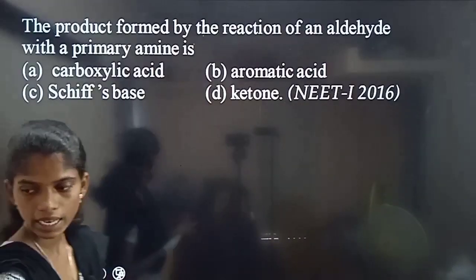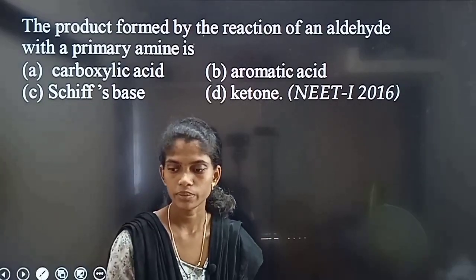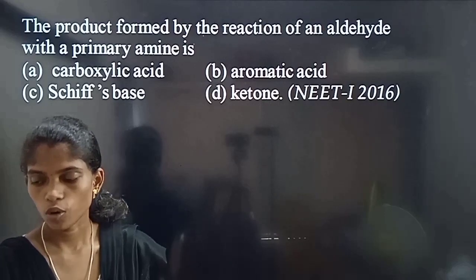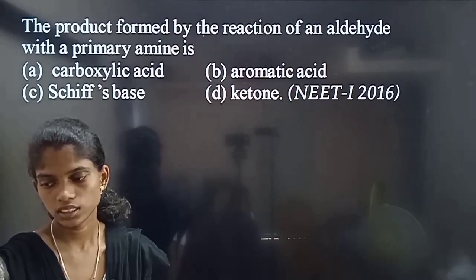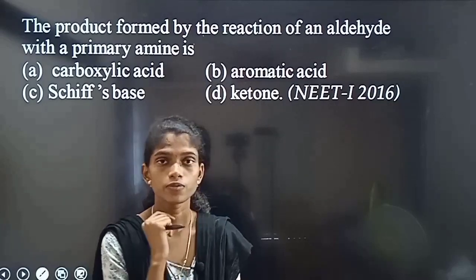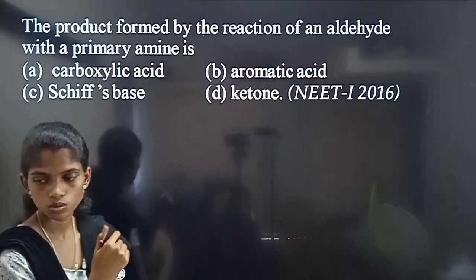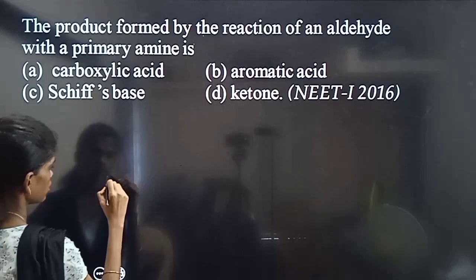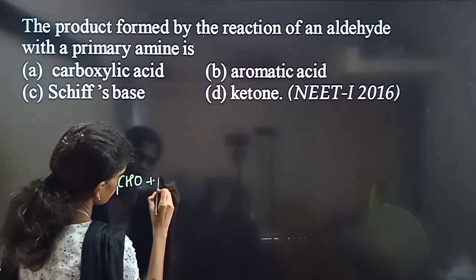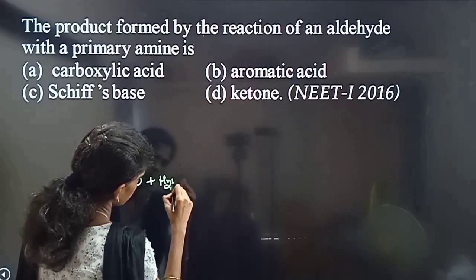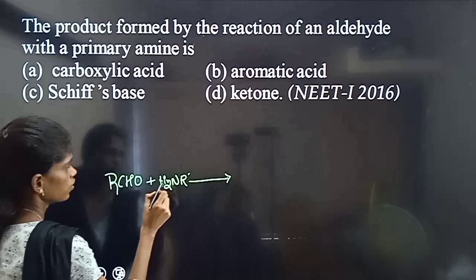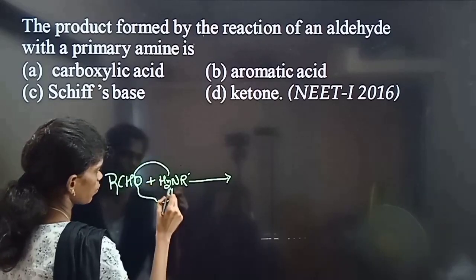The product formed by the reaction of an aldehyde with the primary amine is: option A carboxylic acid, B aromatic acid, C Schiff base, and D ketone. So aldehyde, let us take as RCHO. General primary amine. It will react. These two will be condensed.